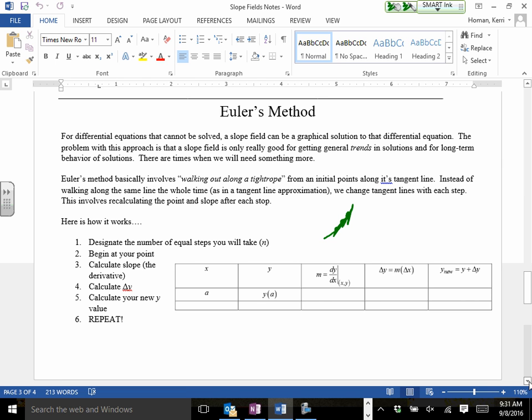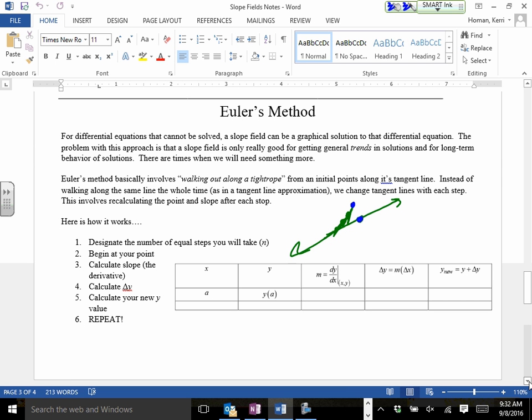If you compare that to just a normal tangent line, if this was like x is 1.2 like we did on the earlier example, if we keep reevaluating our tangent line, we're going to be closer to the curve than if we just have one tangent line.